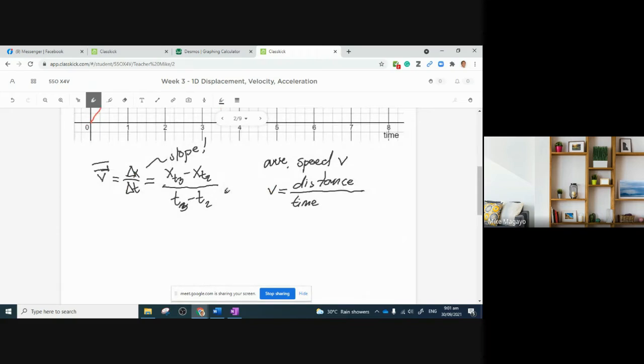The average speed for the entirety of the motion of that person we are talking about is just equal to 2 times xt3 minus xt1 divided by t5 minus t1. So that's the average speed of the person.